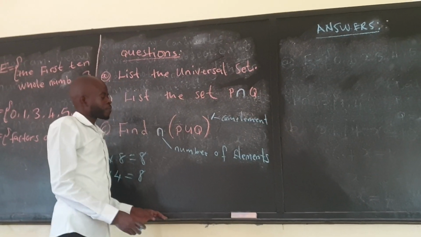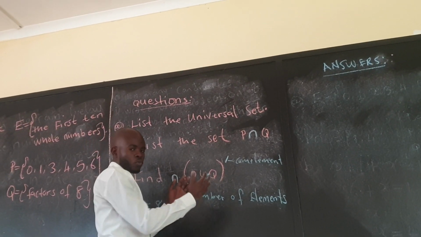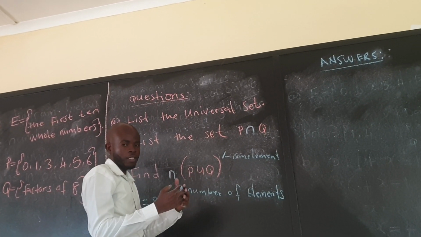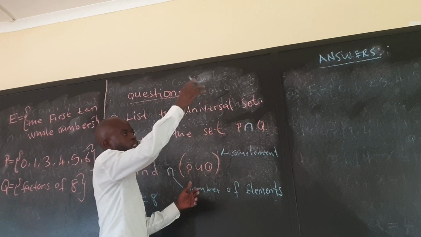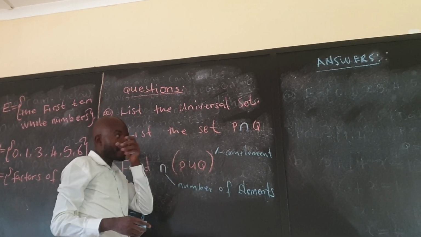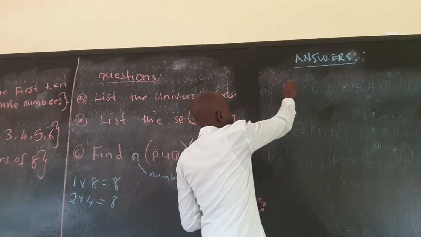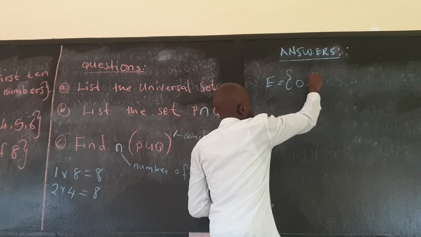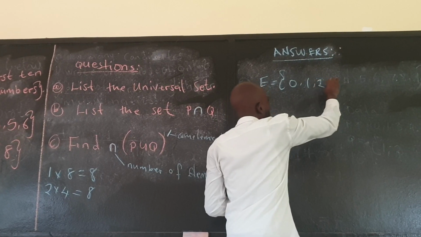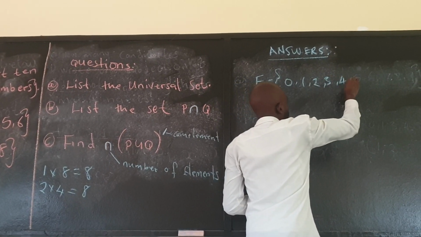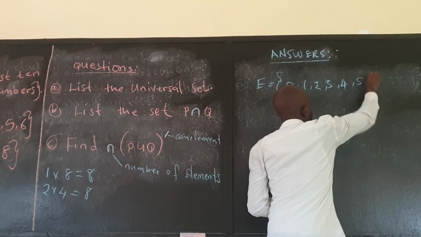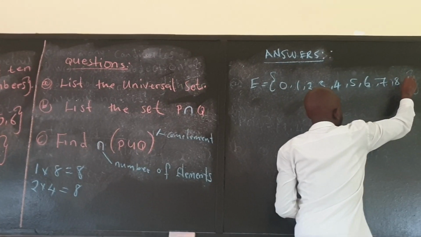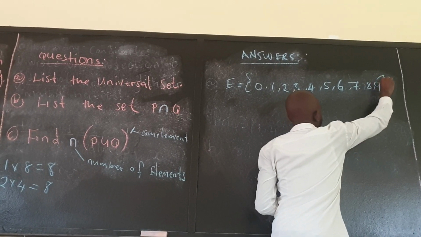Complement means what? When we come up with P union Q, which is just a combination of P and Q, you put them together. What numbers are remaining in the universal set? And remember, what we have in the universal set is 0, 1, 2, 3, 4, 5, 6, 7, 8, and 9.